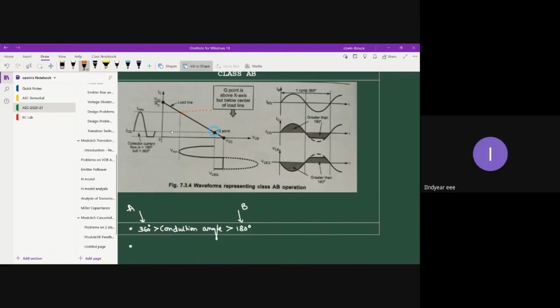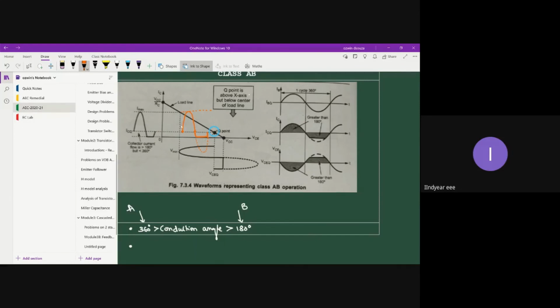So this is how the base current signal is going to look. You have a complete 180-degree positive half cycle, but in the negative half cycle, you will have only this portion and the rest is clipped. And again, the next half cycle comes into the picture. So you can clearly observe that the wave exists for more than 180-degree, but less than 360-degree.